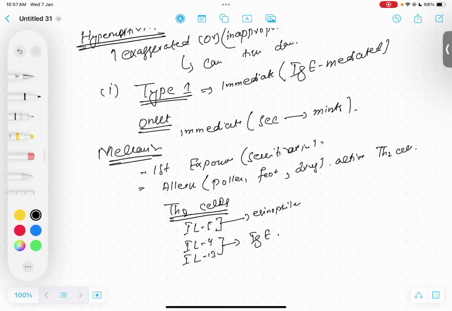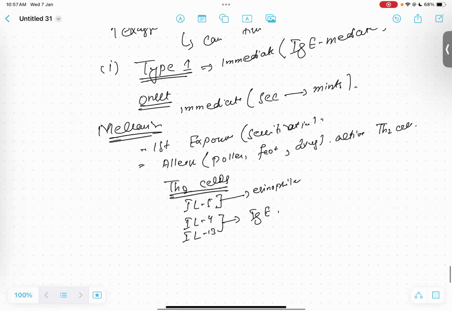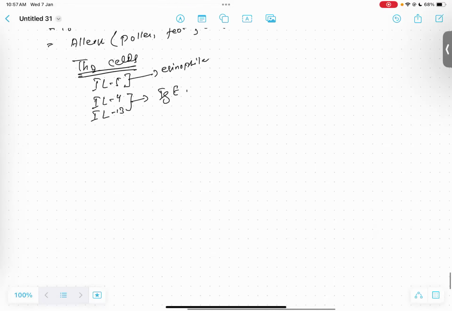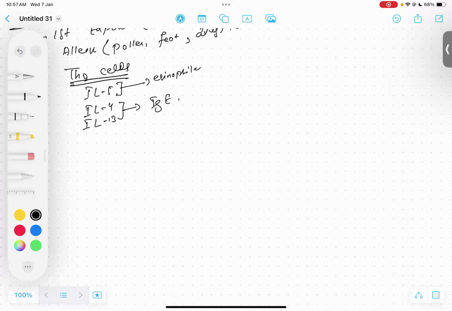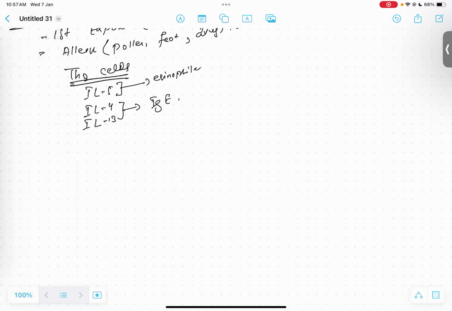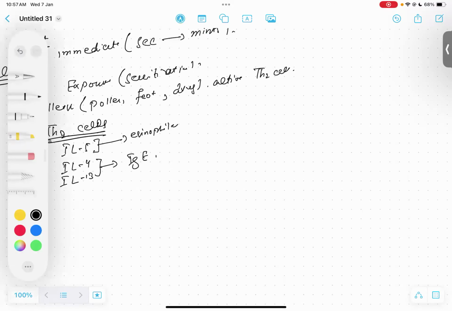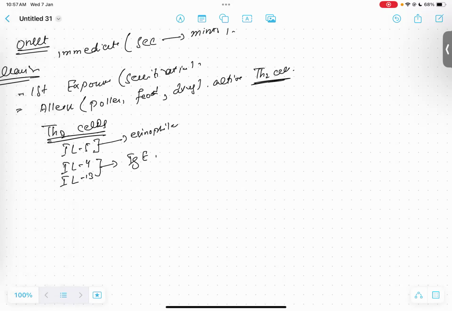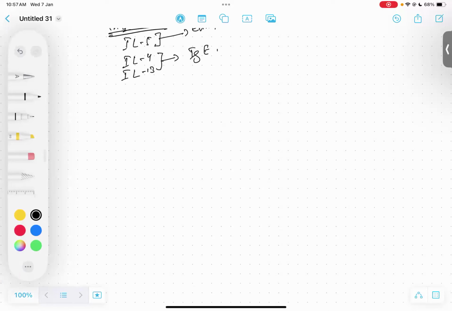Okay, doctors. So this allergen like pollen, food particle or drug will activate the T helper 2 cell. The T helper 2 cell will produce these three cytokines.